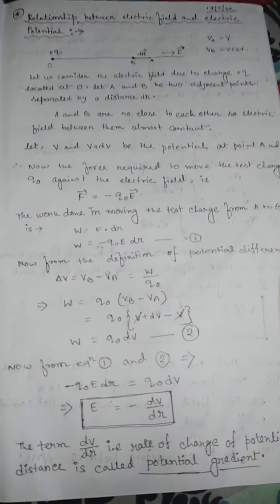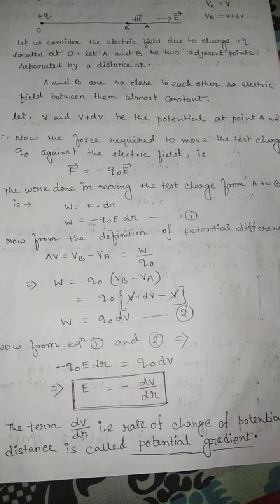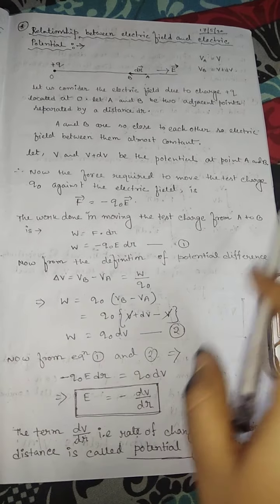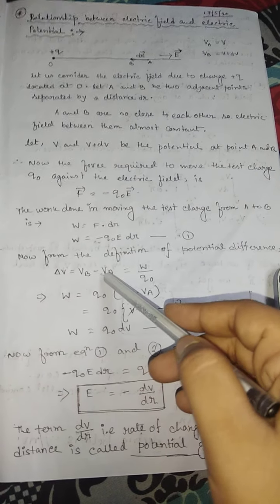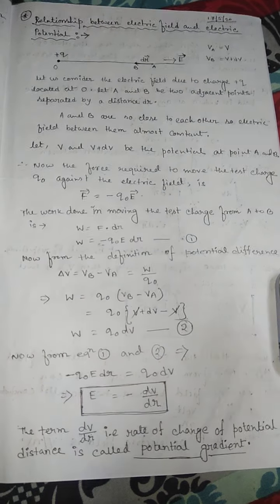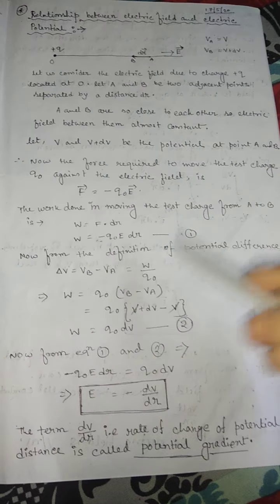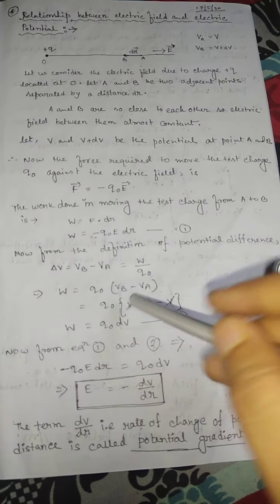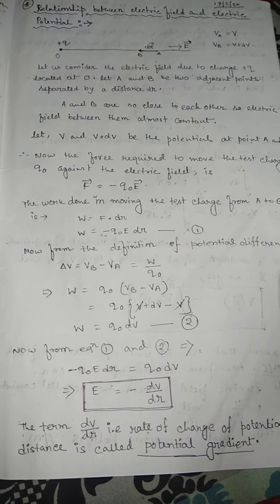Okay, now from the definition of potential difference we get another expression for work done. We know that from the definition of potential difference, delta V, that is VB minus VA, equals W by Q naught. So W equals Q naught into (VB minus VA). Now if we put the values of VB and VA, we have W equals Q naught into dV.